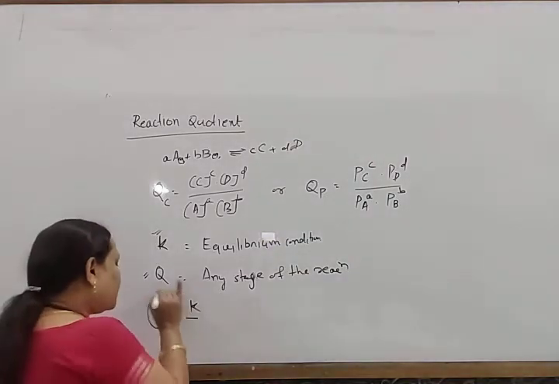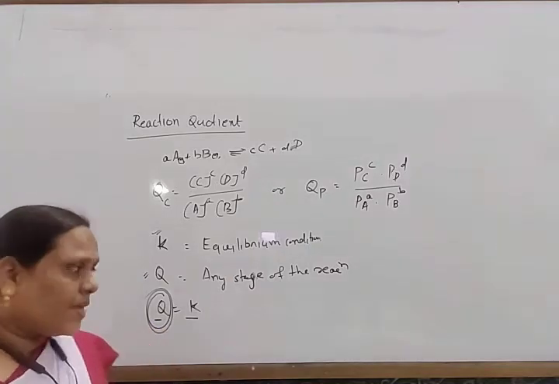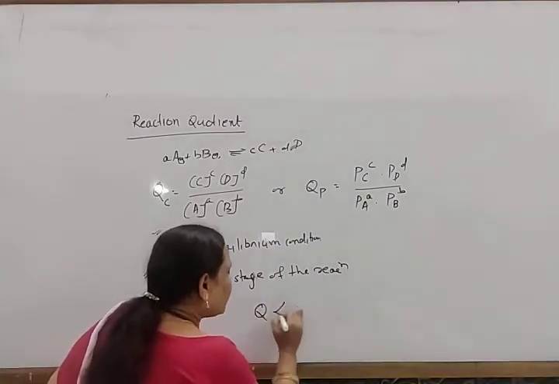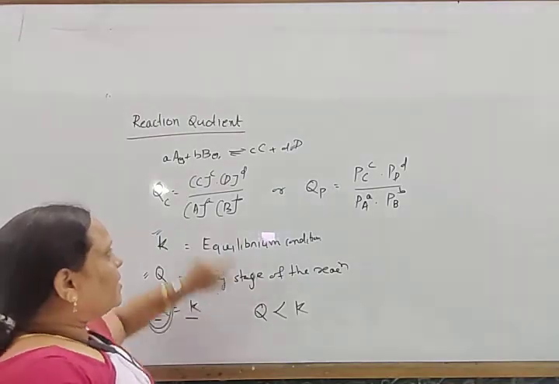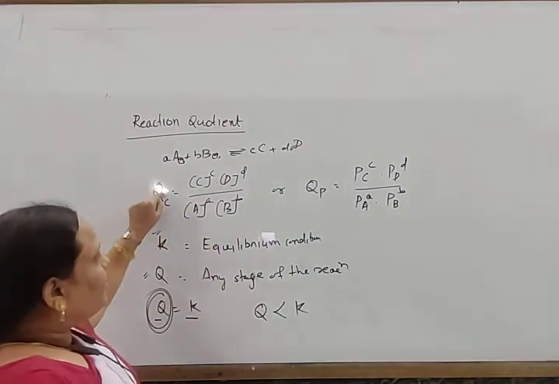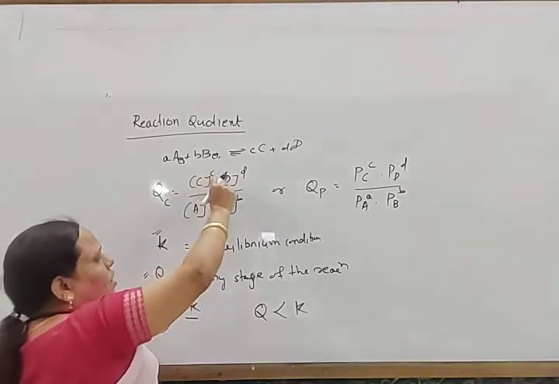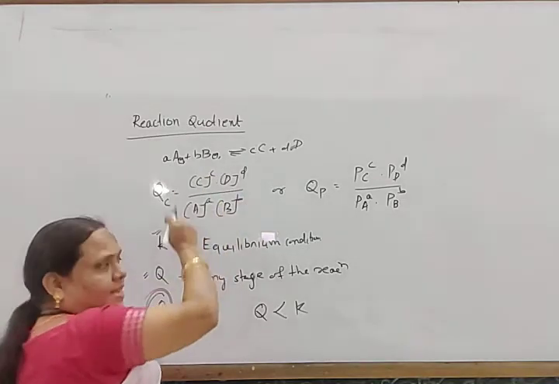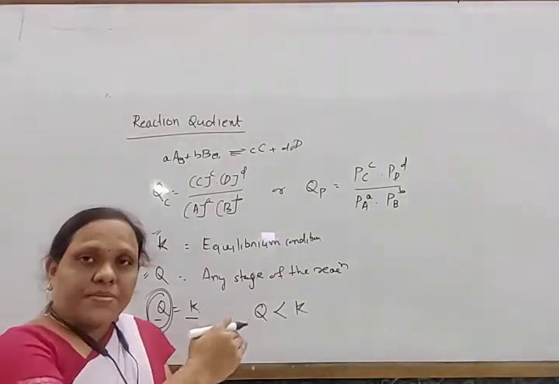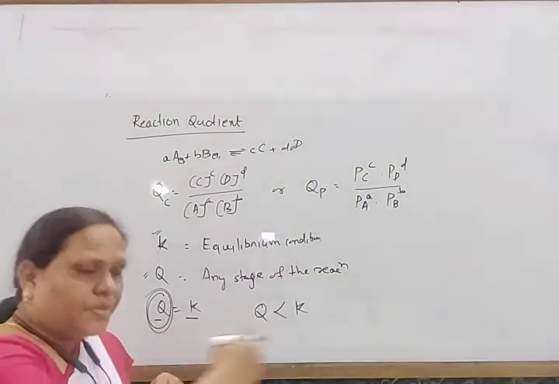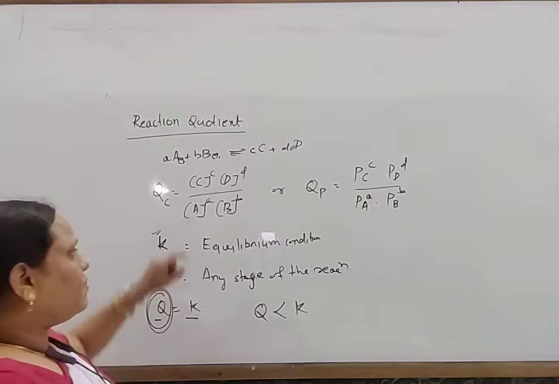So Q determines the extent of a reaction, and in which direction the reaction will further proceed. If Q is less than K, the product by reactant ratio is less, which means more amount of reactants are there.